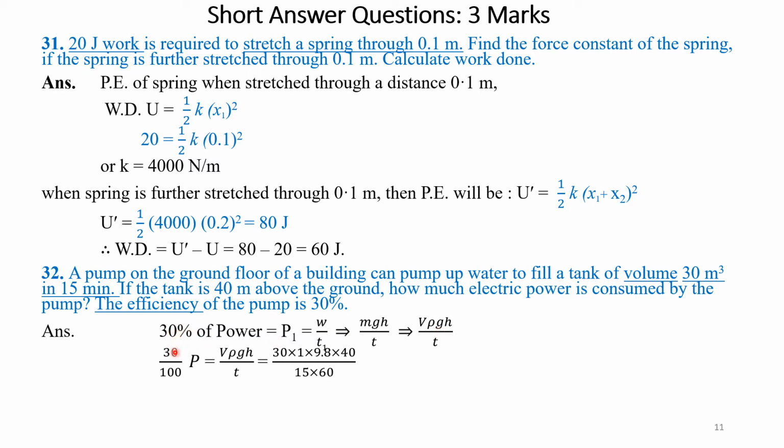We can substitute 30 over 100 into P. Power equals V volume, rho density, g gravitational acceleration, h height, and t time.